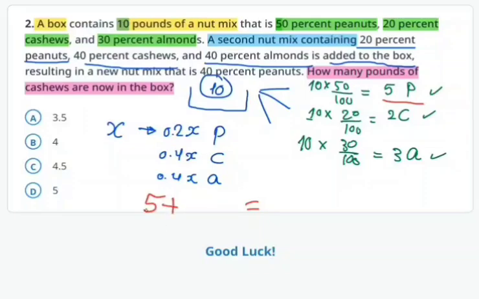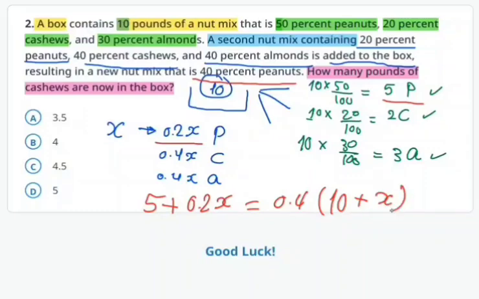So 5 plus the second amount, 0.2 X, should equal 40%, like he says here, 40% peanuts after we add the second amount to the first. So 40% is 0.4 of the first amount, which is 10 pounds, plus the second amount, which is X.